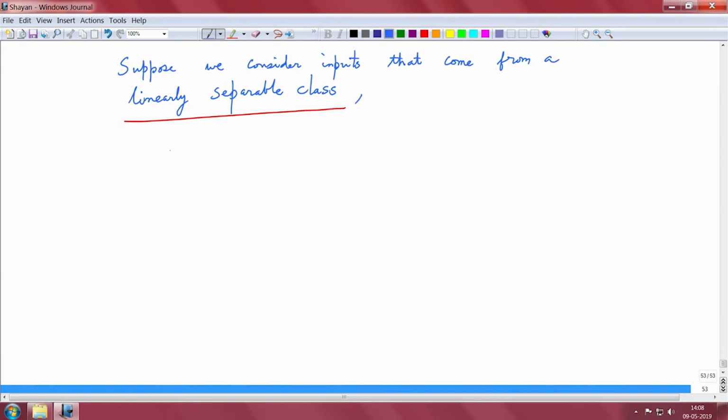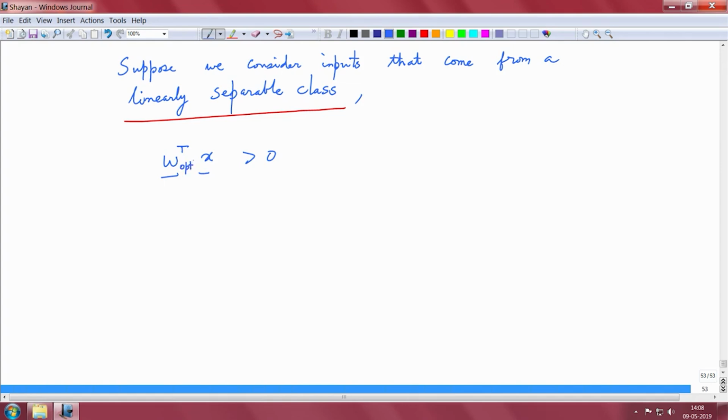Then there exists some W, maybe in the interest of notation I put W optimal.